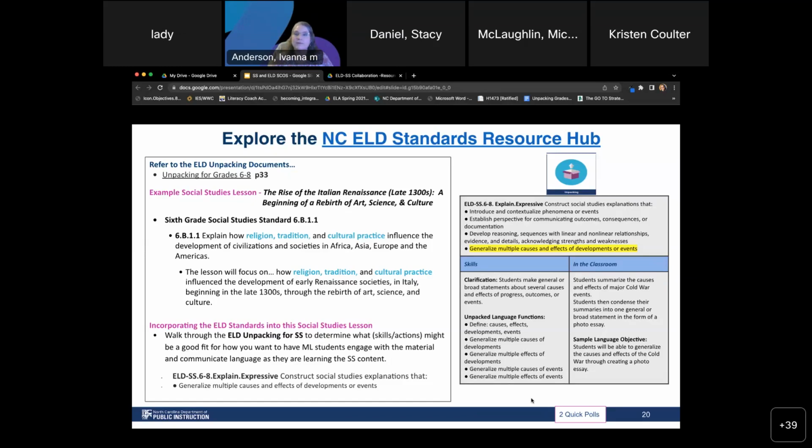And in this case, you want those students to make general or broad statements about causes and effects of developments or events, which are the Italian Renaissance. And then they've got some unpacked functions dealing with defining cause and effects and things that will help the students kind of manage both language and communicating that language.